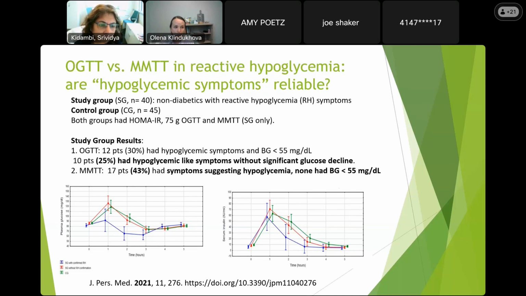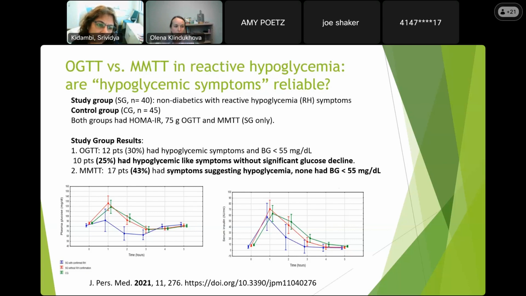The results in the study group demonstrated that 12 patients, that is 30%, had hypoglycemic symptoms when their blood sugar was below 55. In the same group, 25% of patients had symptoms without hypoglycemia.